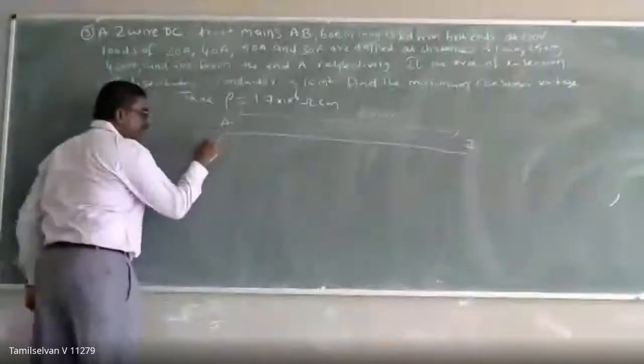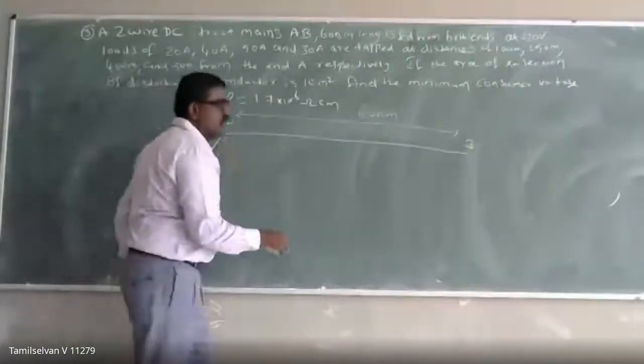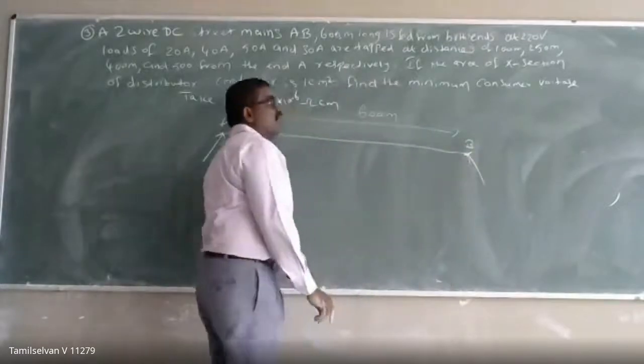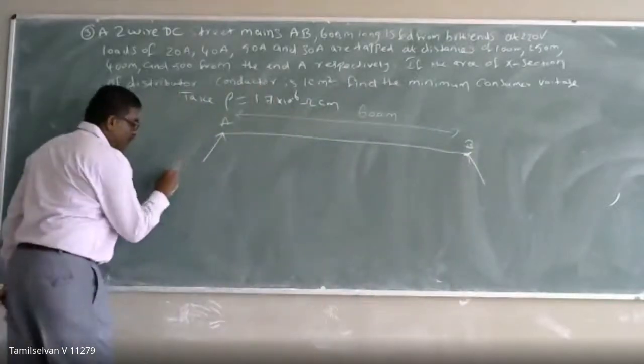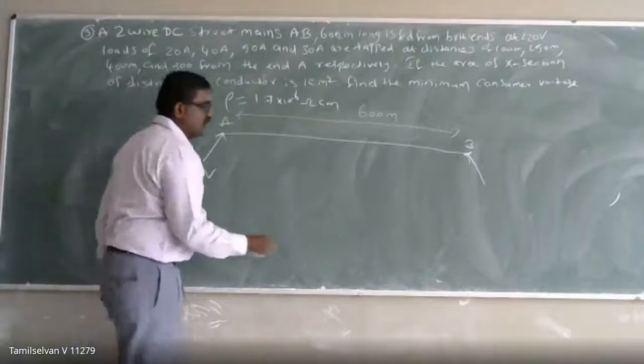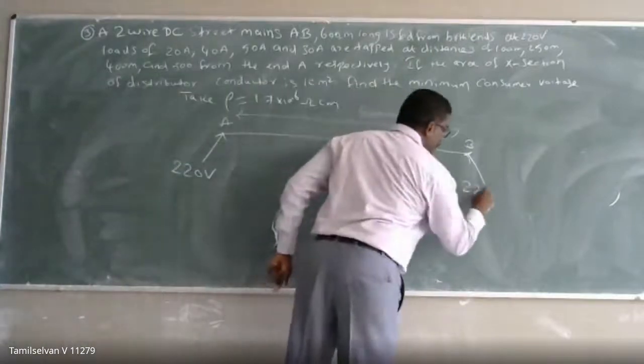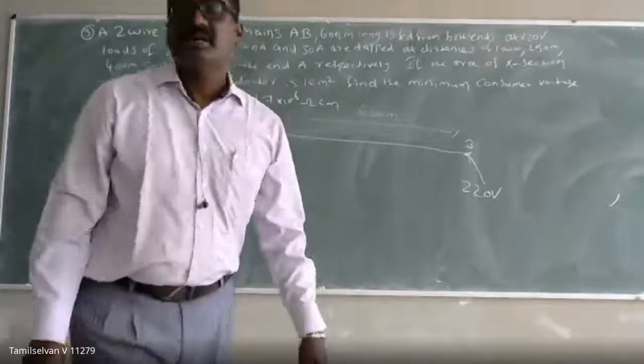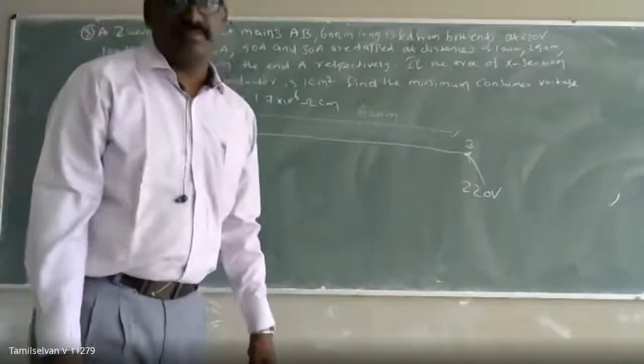Here they are feeding the voltage, and at this point also they are feeding the voltage, with 220 volts. It means the distributor is fed at both ends with equal voltages.